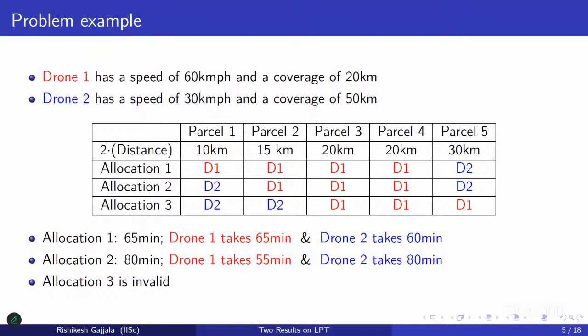Since drone 1 has to cover a total distance of 65 kilometers at a speed of 60 kilometers per hour, drone 1 would take 65 minutes. And drone 2 has to do only one parcel, which is at 30 kilometers. At 30 kilometers per hour, it would take 60 minutes. So the makespan for allocation 1 would be 65 minutes. Similarly, you can increase the number of parcels and get a different allocation. And if you allocate the 30-kilometer parcel to drone 1, since it's outside the coverage, this is invalid.